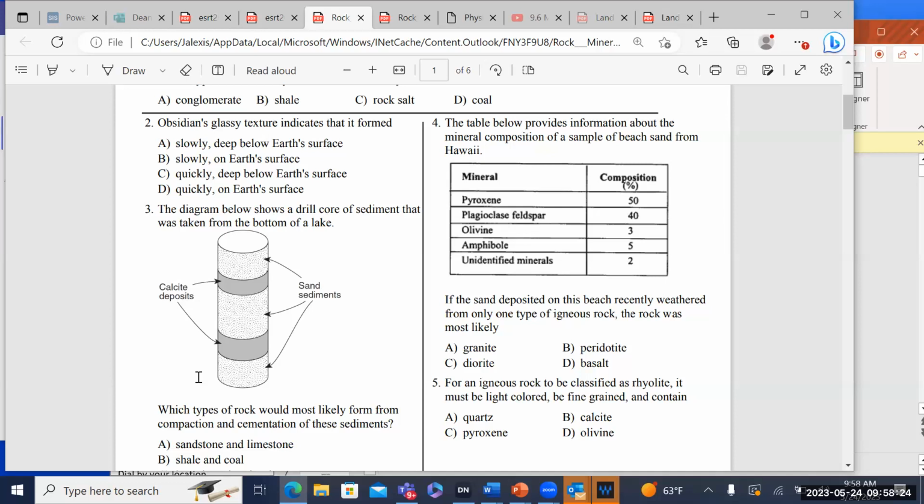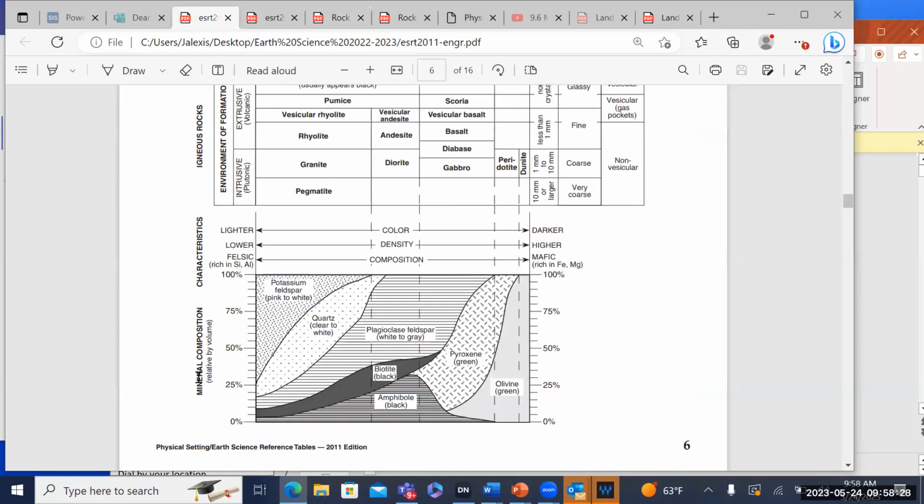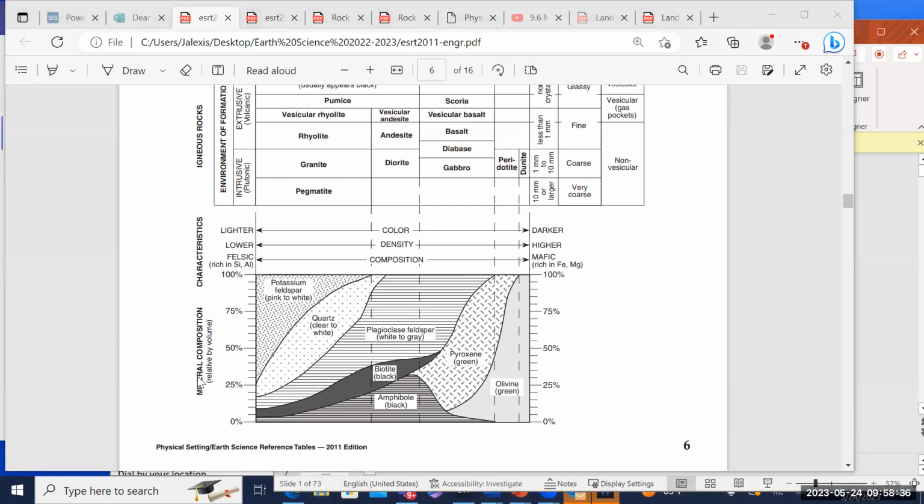So when I'm looking, 50% of it has to be pyroxene. I can already see just by looking at pyroxene alone, pyroxene is located right here, so 50% pyroxene is going to be located in this category right here.